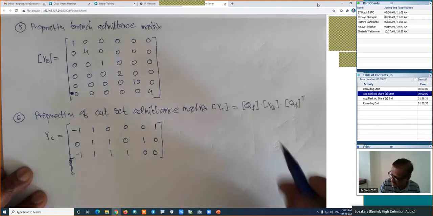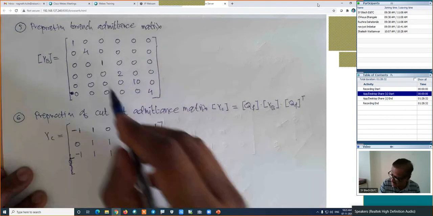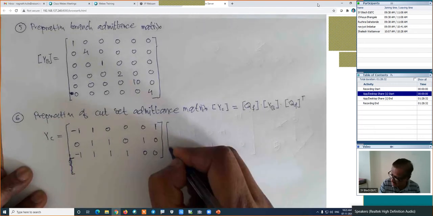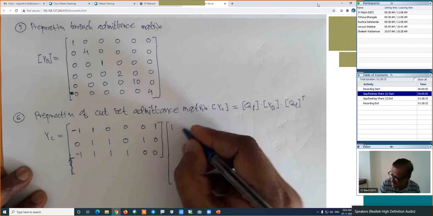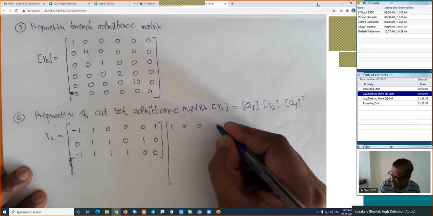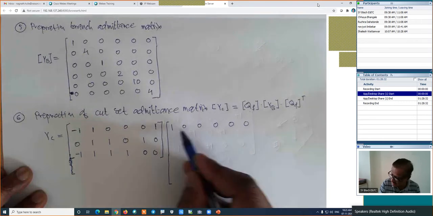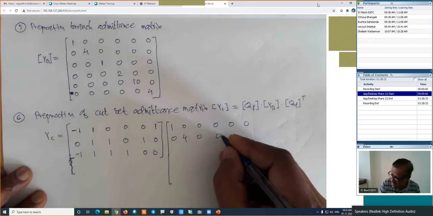I have taken this QF into this YB. QF into YB. Is it right? I will copy that YB. How is the YB? This is 1, 0, 0, 0, 0, 0. This is 1, 2, 3, 4, 5, 6. Yes. This is 0, 4. I will copy the YB.